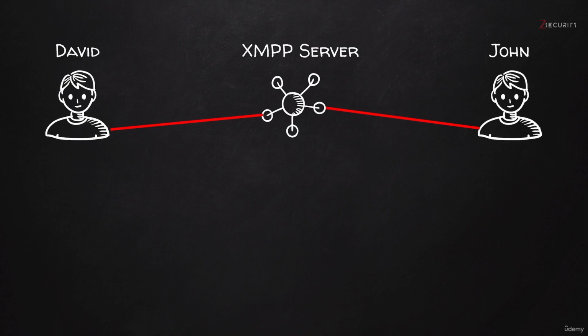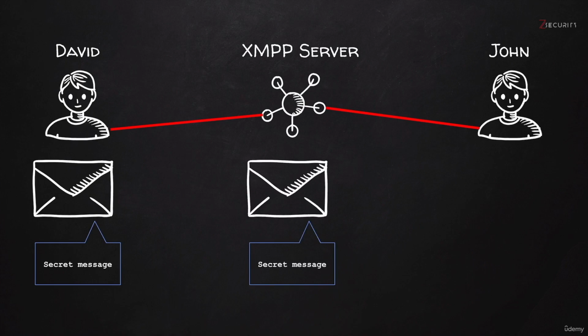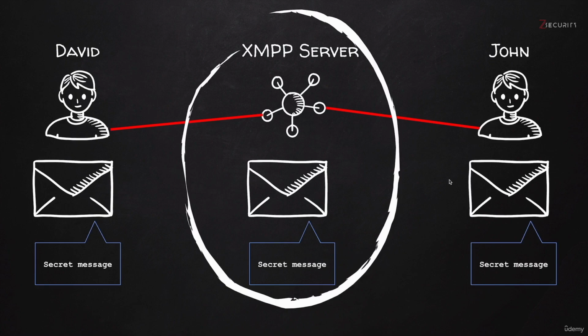So what that means is, you will be able to read the message, the server will be able to read the message, and the receiver will read the message. Now, it's fine that you and the receiver can read the message. The only problem is the fact that the server can read the message, because the communication between you and the server is encrypted, but once the message is delivered, the server will be able to read it.